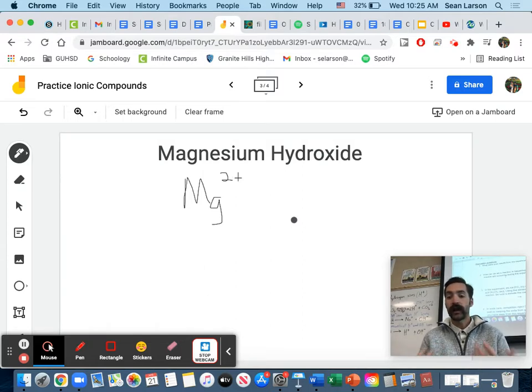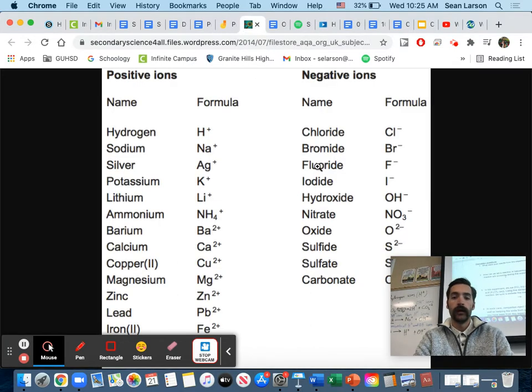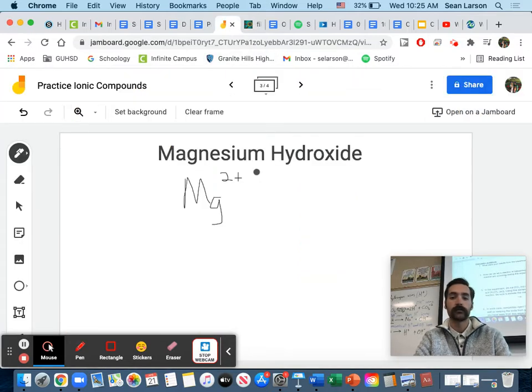Now we're trying to bring in hydroxide. Hydroxide is an actual compound. It's one of our polyatomic compounds, where it has multiple elements in it. Here it tells us hydroxide has the symbol OH and has a -1 charge. So hydroxide, OH, and this entire thing has a charge of -1.